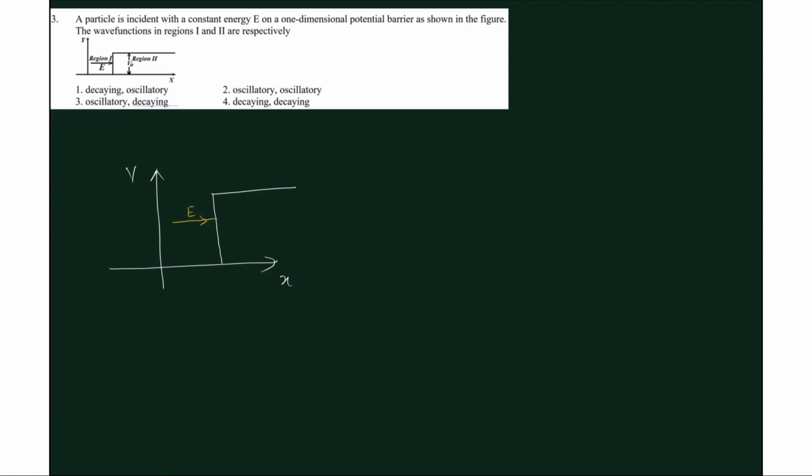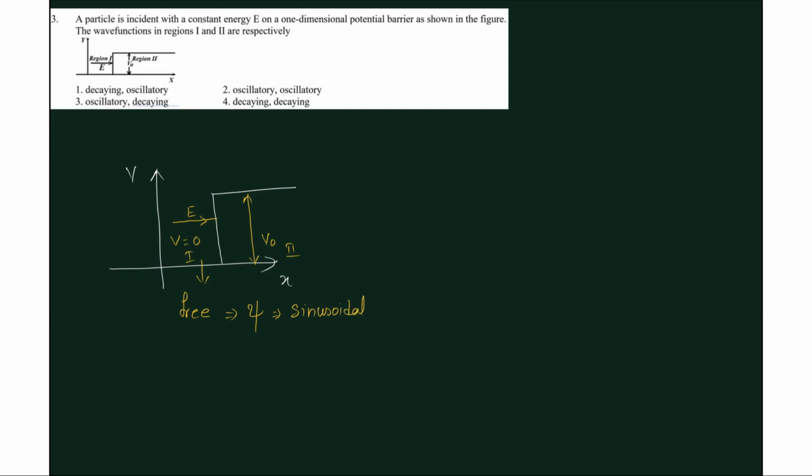In region 1 the potential is 0, and in region 2 the potential is V naught. Whenever the potential is 0, the particle is free. If the particle is free, what is the solution? The solution is sinusoidal.